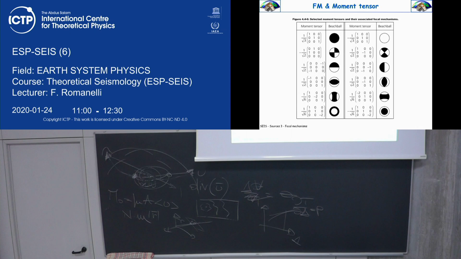So the focal sphere will be totally black. If it is an implosion, well, it will be vice versa. If it is, and please remember the eigenvalues, okay? Minus is here. Or maybe we can see beautiful double couples, right? So the trace is 0, and one of them is 0. This is a strike slip. These are dip slips, perfect. This is a thrust, okay?